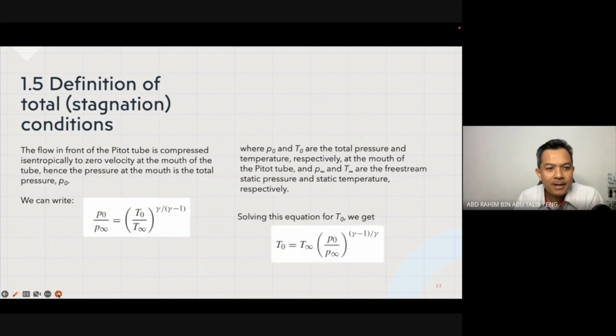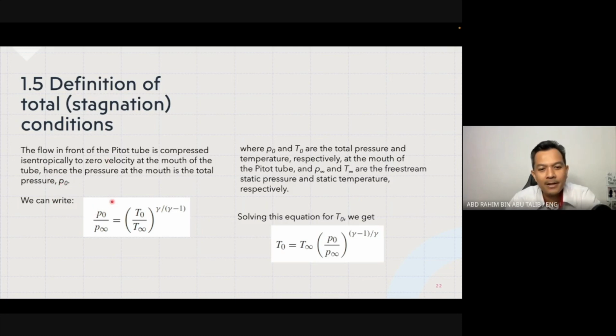The flow in front of the pitot tube is compressed isentropically to zero velocity at the mouth of the tube, hence the pressure at the mouth is the total pressure, P naught. The flow is moving from 1 to 2, where 2 is the stagnation point, the stagnation condition, with total pressure P naught and velocity equal to 0.